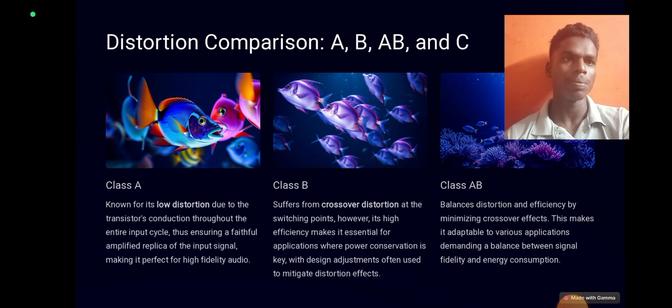Class AB balances distortion and efficiency by minimizing crossover effects. This makes it adaptable to various applications demanding a balance between signal fidelity and energy consumption.